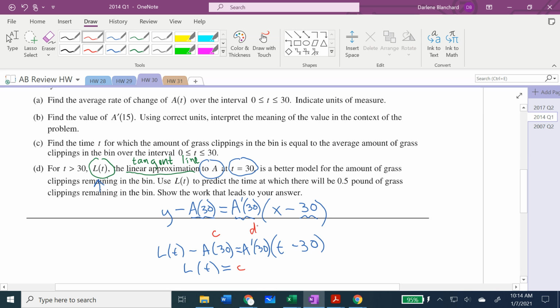I'm going to call this a prime of 30 D. And then I'm going to write that L of t is C plus that D number times t minus 30.